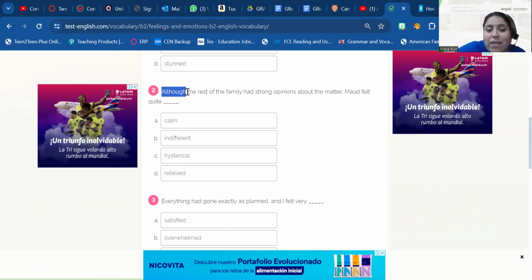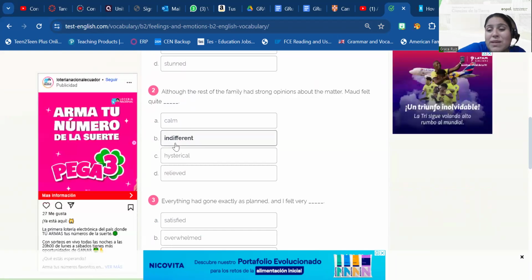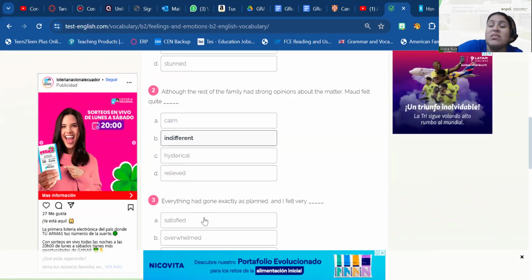Like ni chicha ni limonada, right? Like, whatever. So calm, definitely not it. Indifferent. Hysterical, definitely not. That's overly. Relieved is when you're like, whew, you let go of something off your shoulders. So by process of elimination, even if we don't know the meaning, indifferent seems to be the best answer because all the other ones cannot be.